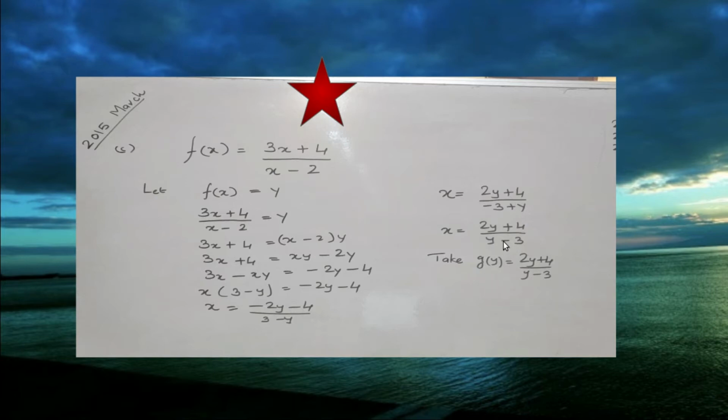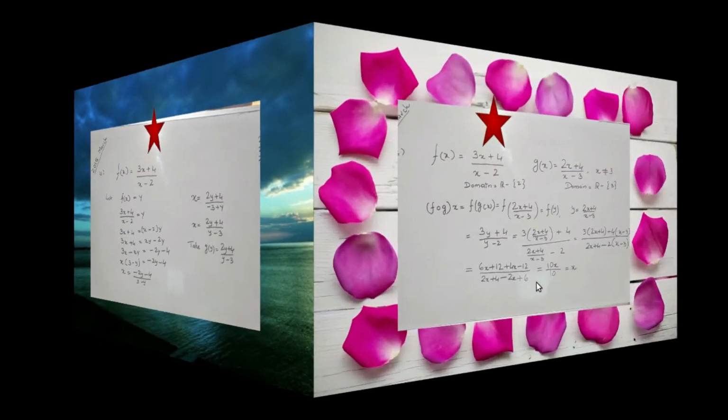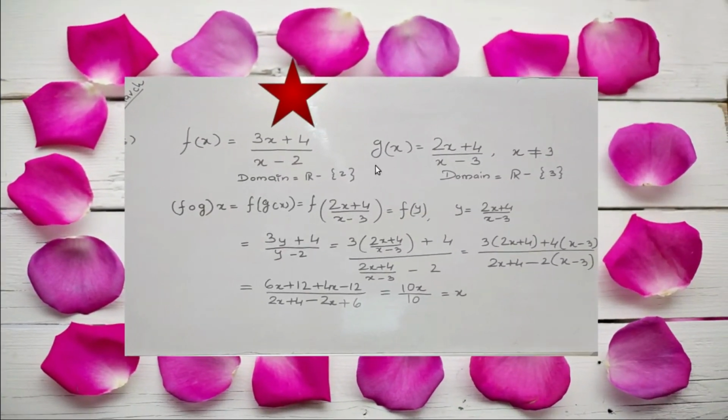Now take this function as g of y. g of y equal to 2y plus 4 divided by y minus 3, or g of x equal to 2x plus 4 divided by x minus 3. Now for f the domain is R minus the set {2}, and for this g of x the domain is R minus the set {3}.